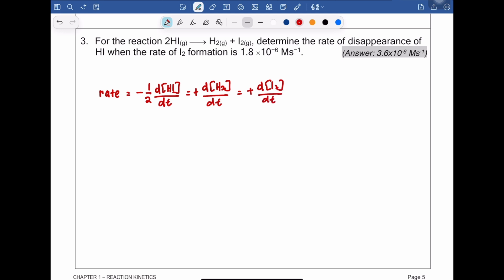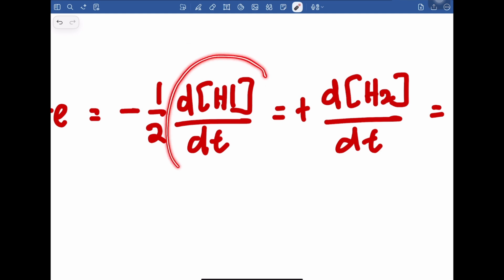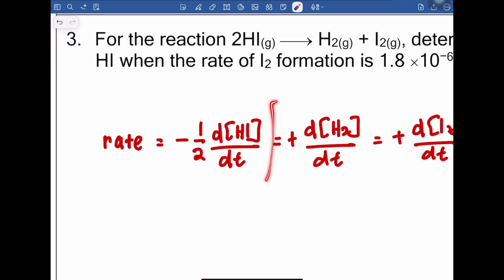Now just to give you a little note, rate of disappearance of HI. My question to you guys is, where is the rate of disappearance? Is it the whole thing, or this one only, or this one only?